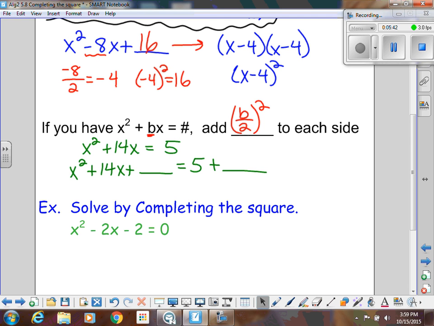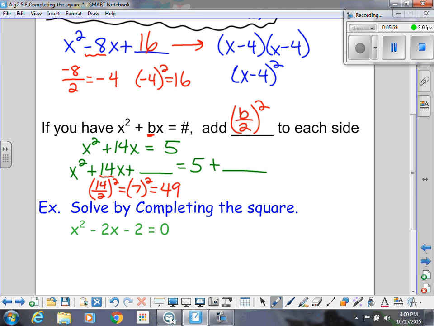I'm going to be adding b divided by 2, squared. So here's my b, 14. So I'm going to do 14 divided by 2, and I'm going to square it. So what is 14 divided by 2? That's 7. And then if I do 7 squared, that's 49. So in this equation, I would know I'm going to add 49 to both sides.